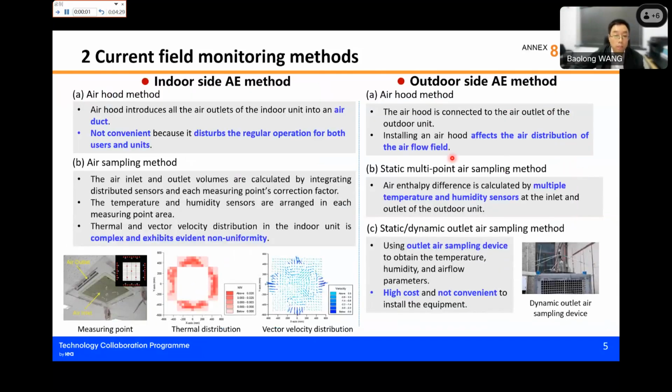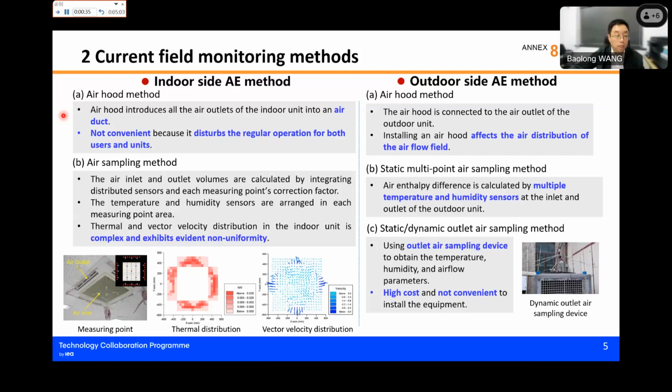Currently, if we look into the real used monitoring methods, this kind of monitoring can be conducted on the indoor side or outdoor side. For the indoor side, there are 2 kinds of methods. One we call the air hood method. It has been very well commercialized. You can see a lot of equipment sold in the market.